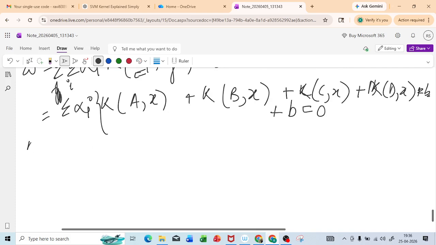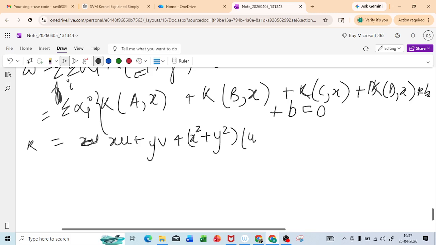We already found out that the kernel formula is nothing but xu plus yv plus (x square plus y square) into (u square plus v square). This is what we had found out. Now our a point is 1, 0.